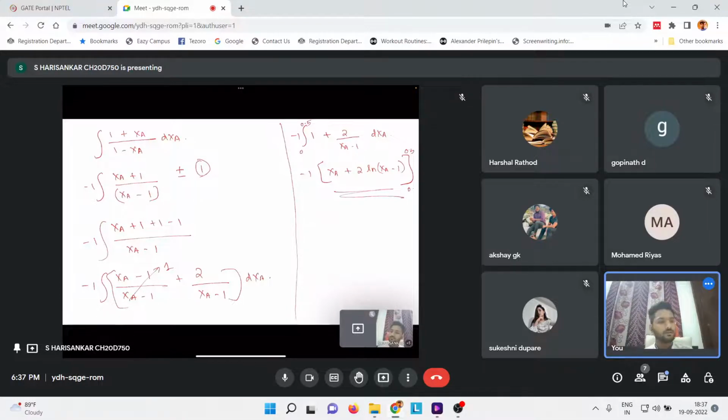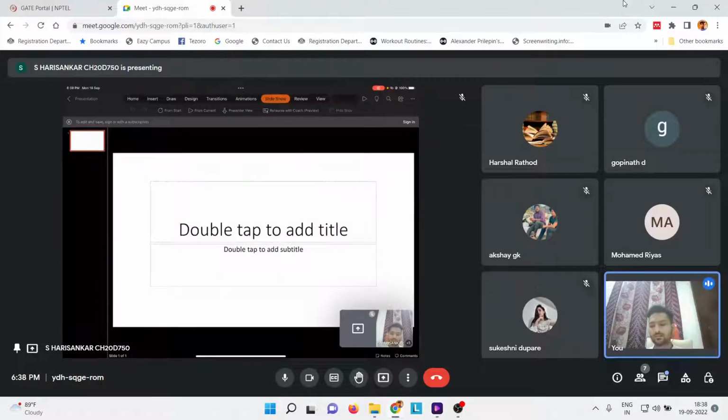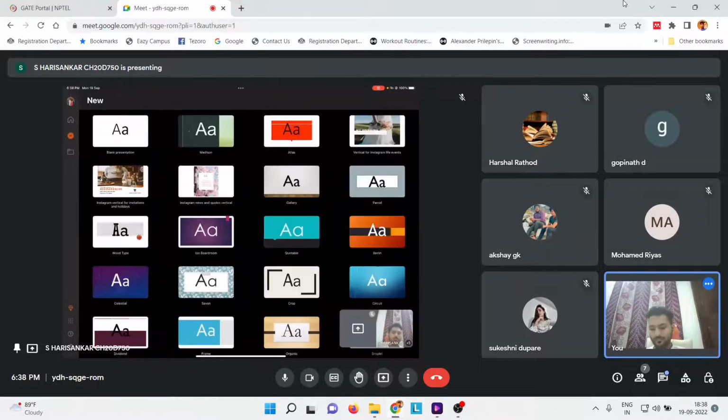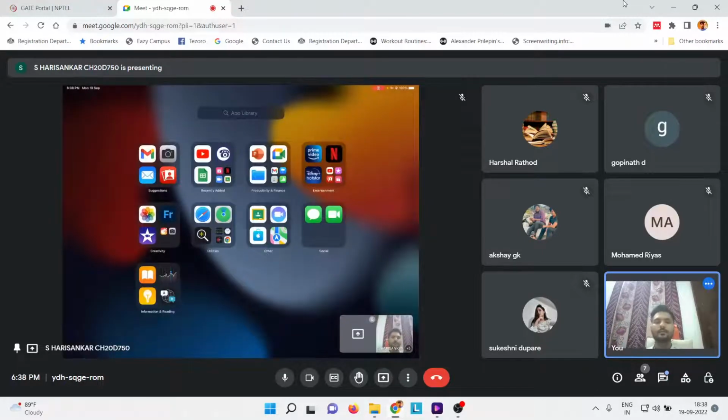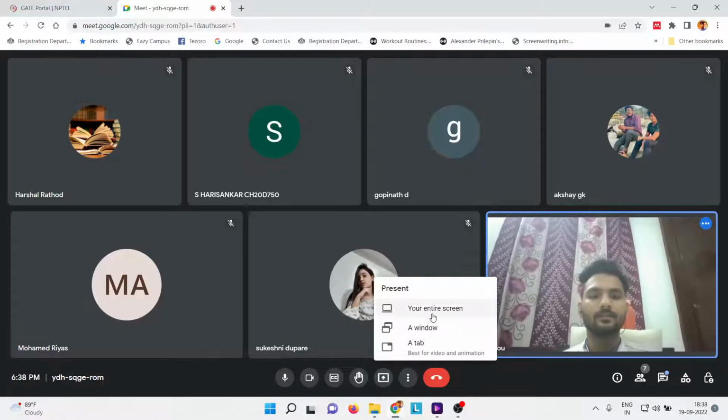Is this okay? So this is how you do the integration: just apply the limits and you can solve for the integral and find the final answer.